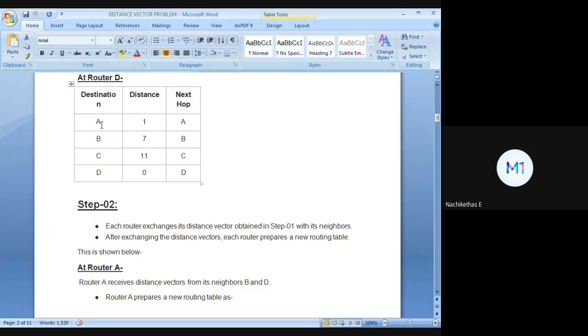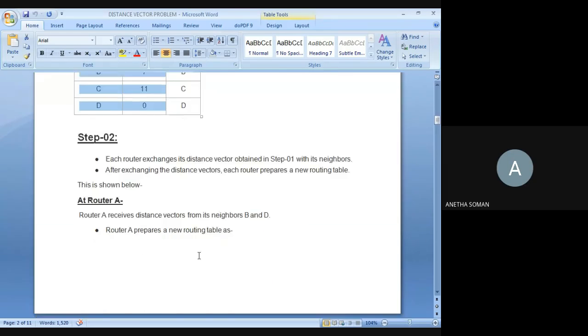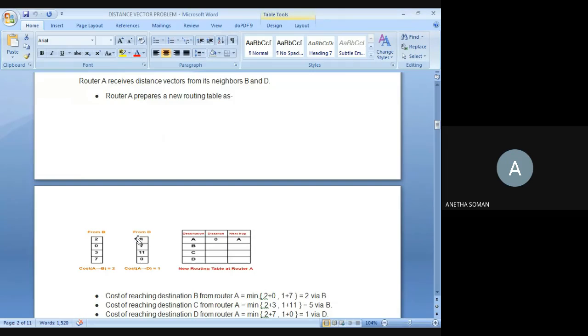A1, B7, C11, and D0. That is what you have to write. Here I have just written only the values, but you have to write that from B you are getting this one, and from D you are getting this one.